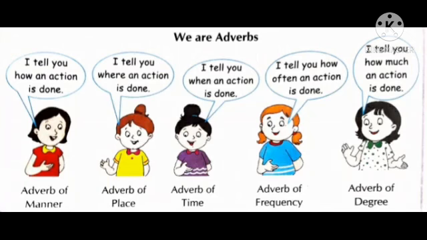Next is adverb of time. I tell you when an action is done. Next is adverb of frequency. I tell you how often an action is done. And the last is adverb of degree. I tell you how much an action is done. Is it clear?